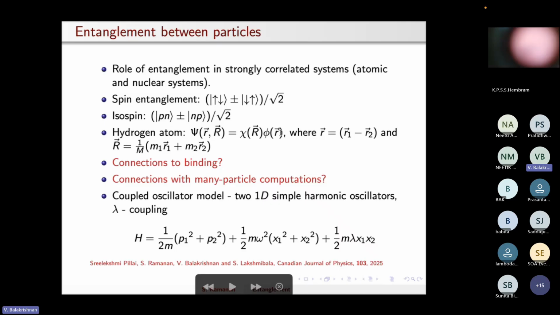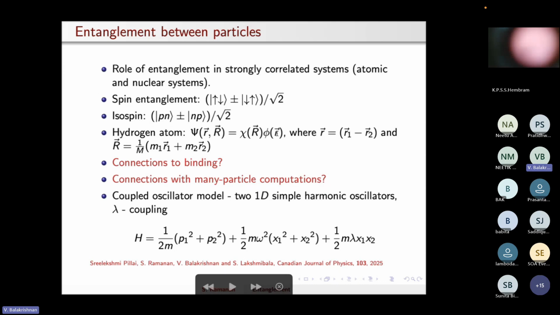Of course, the interaction depends only on r in the hydrogen atom, a central force problem, and therefore the center of mass completely separates out, and the solutions are plane waves, which of course have box normalization. The dynamics and the interesting part is in the relative coordinates, which is then solved, and you have the familiar hydrogen atom wave function.